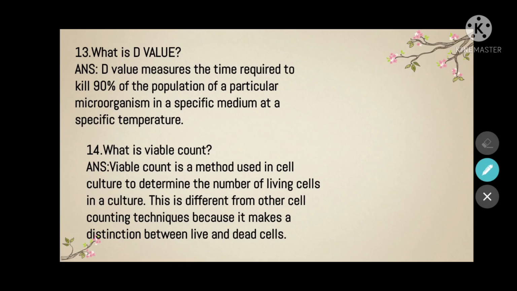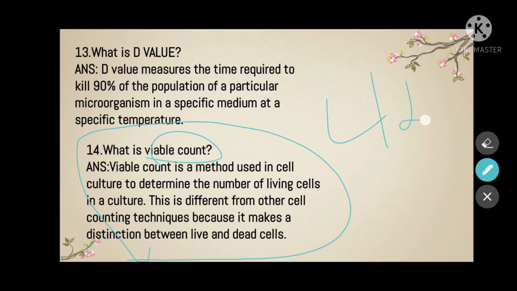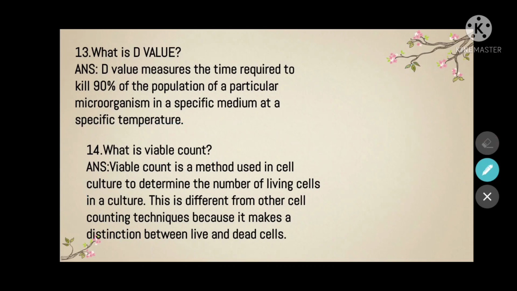This is different from other cell counting techniques because it makes a difference between live and dead cells. In a viable count, we are distinguishing the live cells and the dead cells. Clear? So this is the main advantage of the viable count.